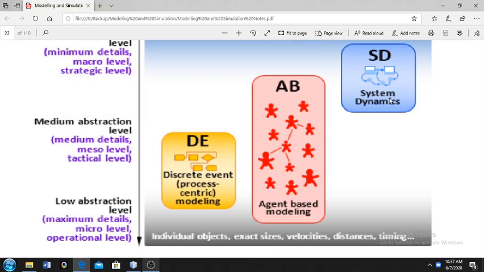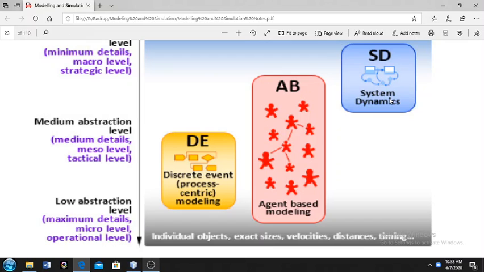Even in business and engineering, in business you are more likely to use discrete event because we are interested to know changes in the system at given intervals. If you are a clinic, for example, you are more interested to know how many patients you can receive in a day, in a week, how many resources you need, stuff like that. Agent-based applies in engineering and in business as well.